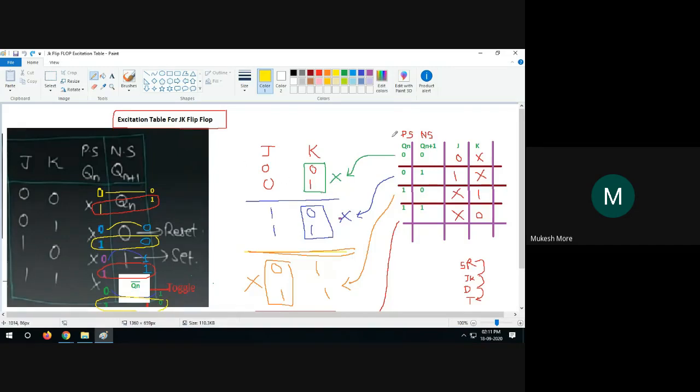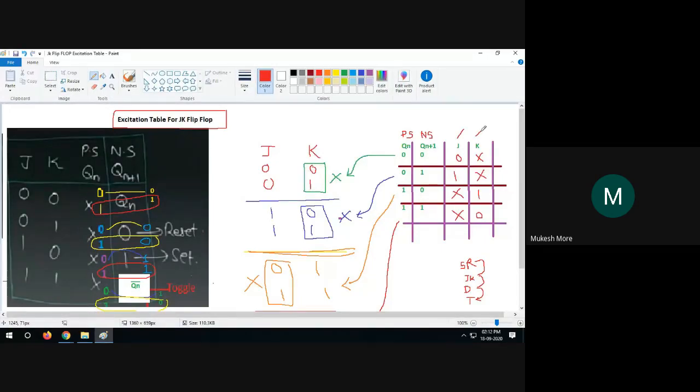Now, you can see this table. This table has two inputs, Qn and Qn plus 1, the present state and next state of JK flip-flop. These are the inputs for the excitation table, and we are going to identify the J input and K input.